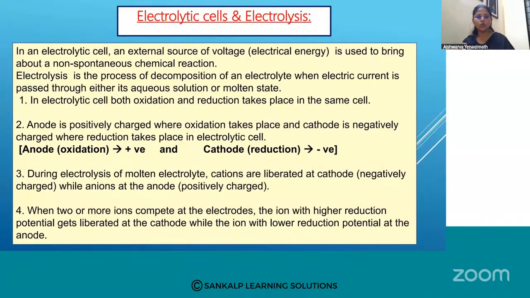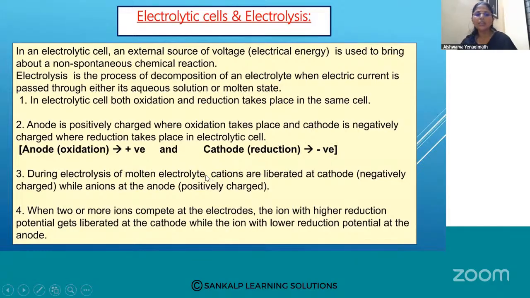All these things we will be talking about here in the electrolytic cells. You can see here the anode is positively charged where oxidation takes place, and the cathode is negatively charged where reduction takes place. So anode, oxidation, positive; cathode, reduction, negative.